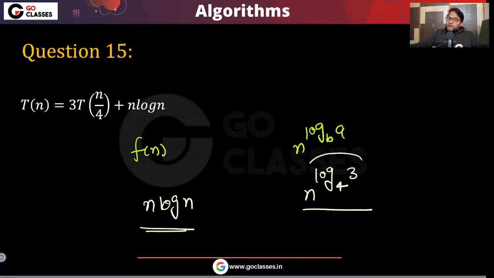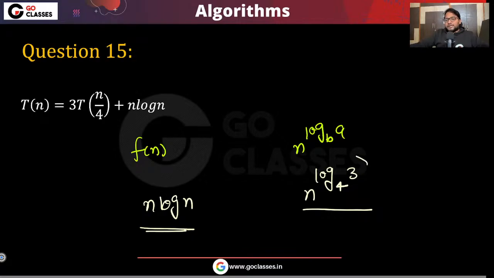Tell me, is this power lesser than 1 or greater than 1? Whenever you have n power something, it will matter on the power. It is lesser than 1, right? Because if you write 4 here, then it is 1. If you write more than 4, it is more than 1. If you write lesser than 4, it will be lesser than 1.